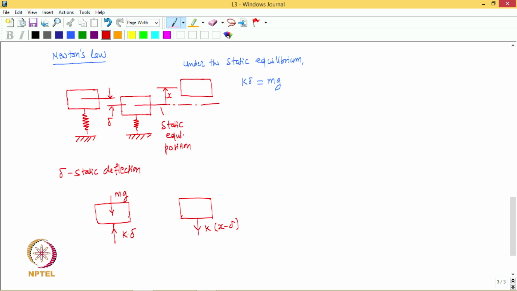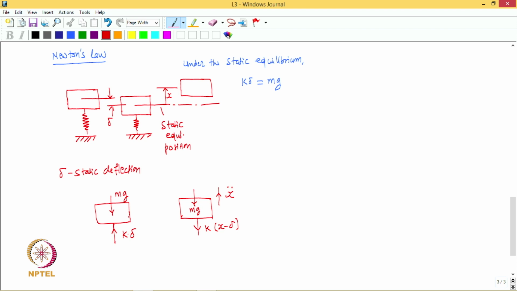So, x minus delta is the net deflection of the spring, and hence the force would be k into x minus delta, assuming x is more than delta. And then we also have the gravity force, and this mass has acceleration x double dot.